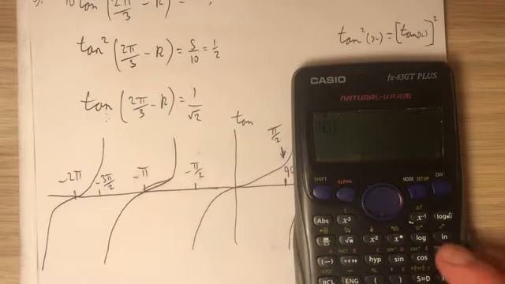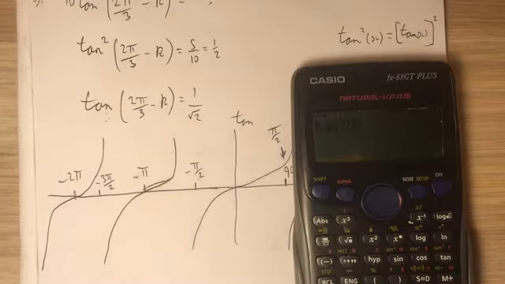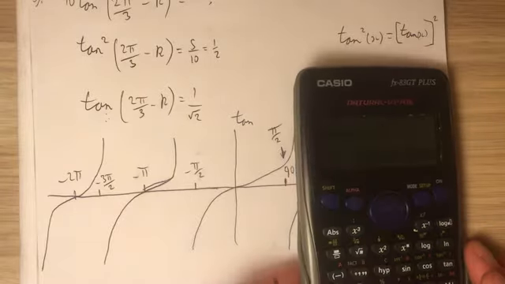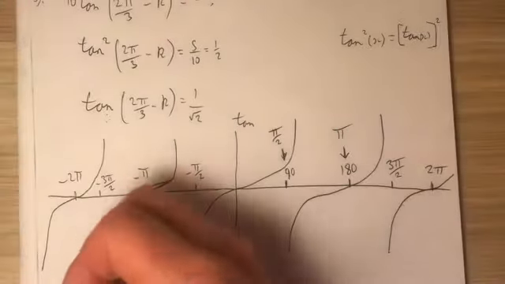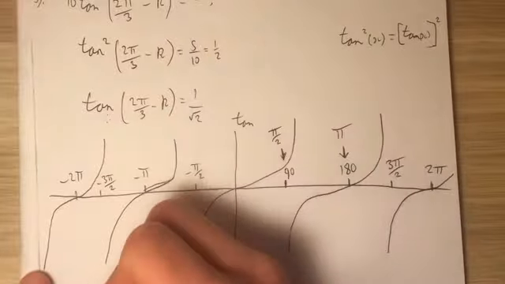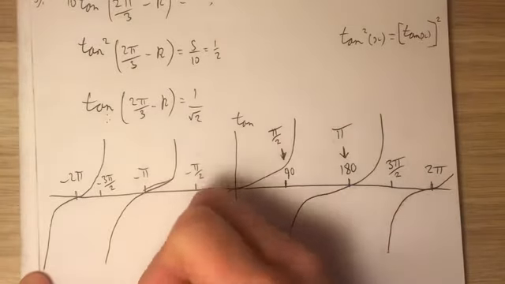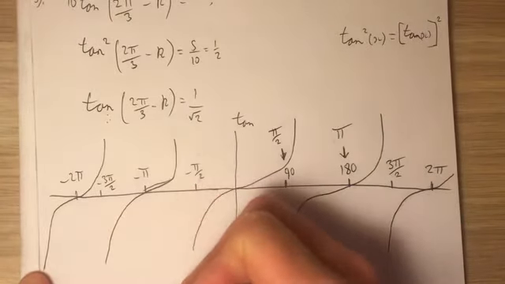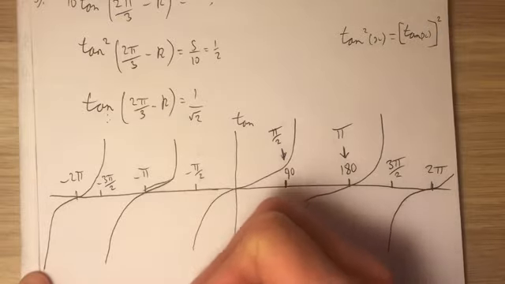Inverse tan of 1 divided by the square root of 2 is going to be 0.615.